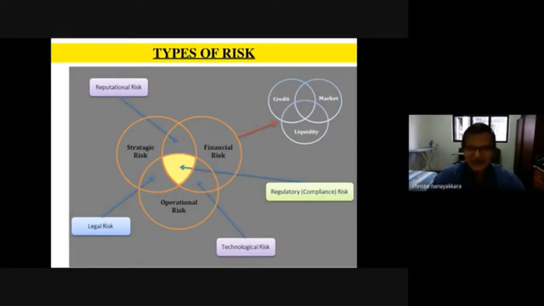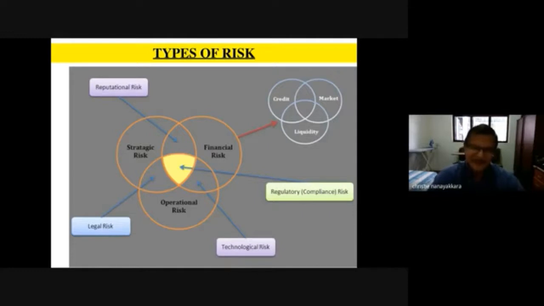Actually, banking runs on reputation and the confidence of the client. If you lose that, reputational risk can play a major role in losing a lot of business. So it's another very important area.